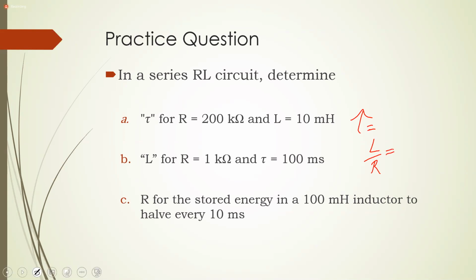L is 10, 10 times 10 to the minus 3, 10 milli. And R is 200K, 200 times 10 to the 3.